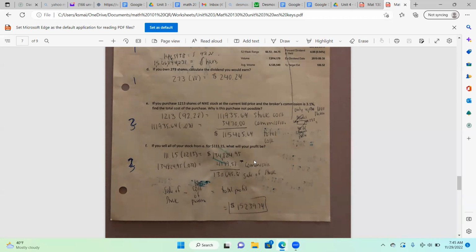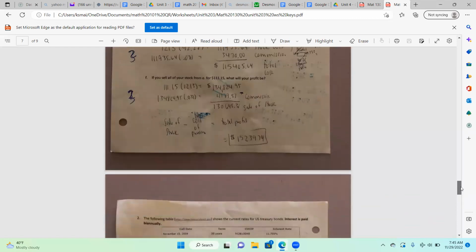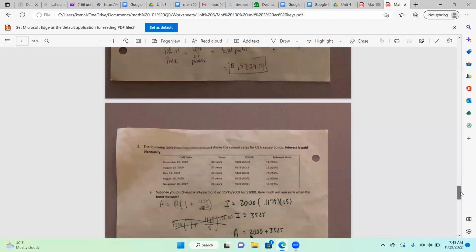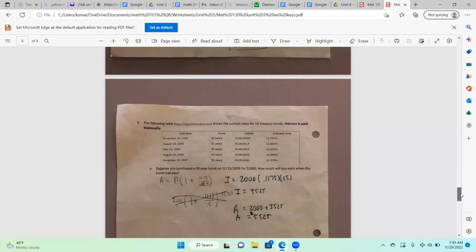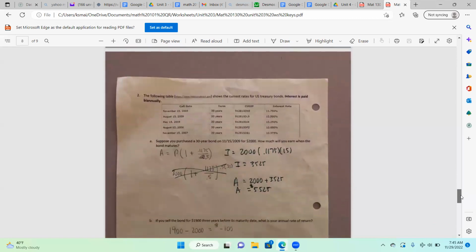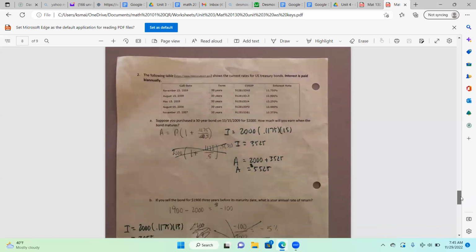And when we subtract what we paid for this stock up above, our total profit would be $15,239.74. And then the back side is asking you some questions about treasury bonds.